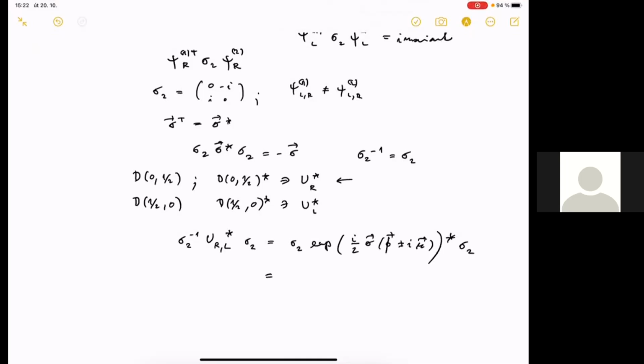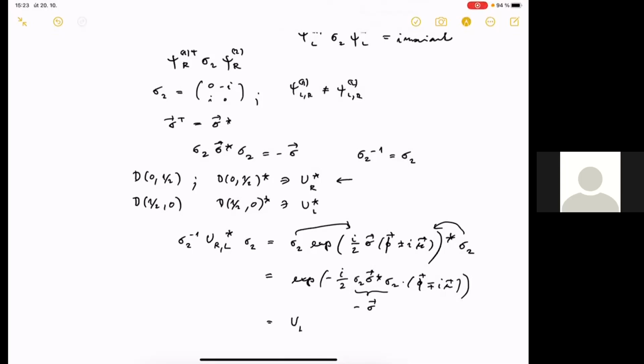And this is nothing else but the exponential. First, we should make the complex conjugation, so we change the signs, and then we insert this sigma 2 in the exponential, as I have explained before. So what we get is just the exponential of minus i/2 sigma 2 sigma complex conjugated sigma 2, and now phi minus plus i u. But this is nothing else but minus sigma.